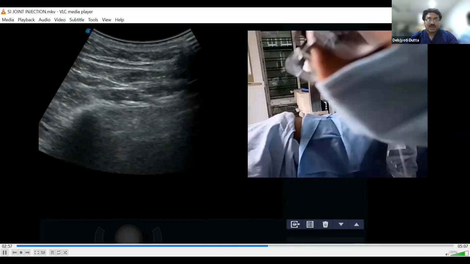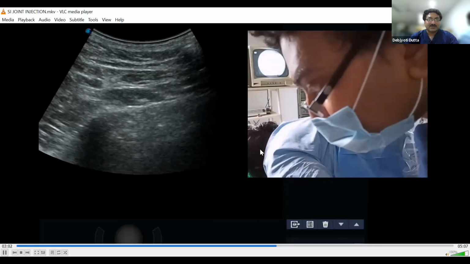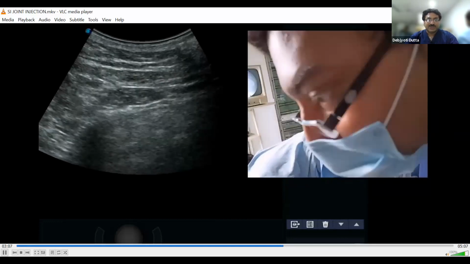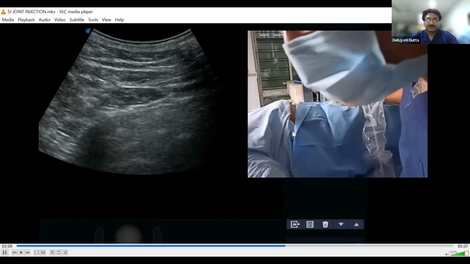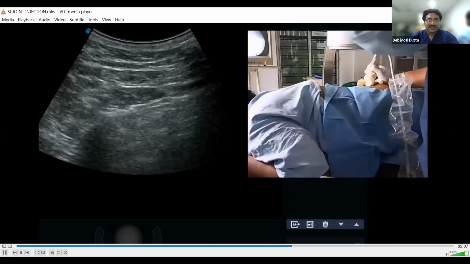In fluoroscopy you have an advantage that you can give the dye and you can check the dye spread, but in ultrasound that is missing, you don't have a dye, so you cannot check. So again I am confirming the needle position.